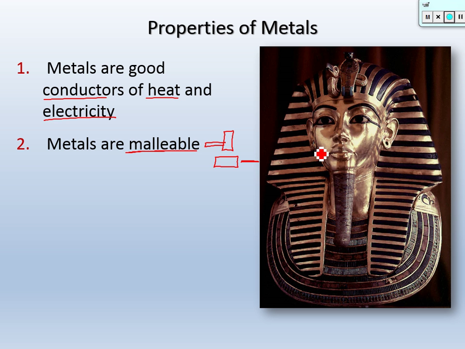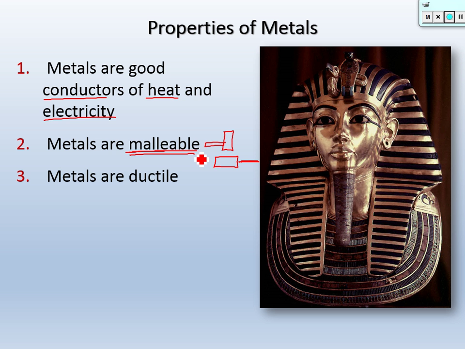This isn't solid gold. Since gold is very malleable, they hammered it down into thin sheets, and wrapped it around this sculpture. Like aluminum foil, it's very thin, but that's because metals are very malleable. You can hammer them into thin sheets.